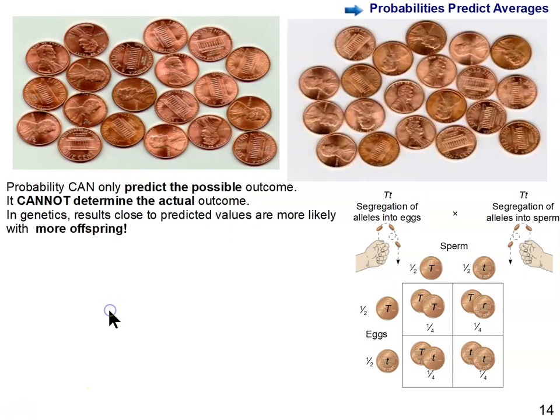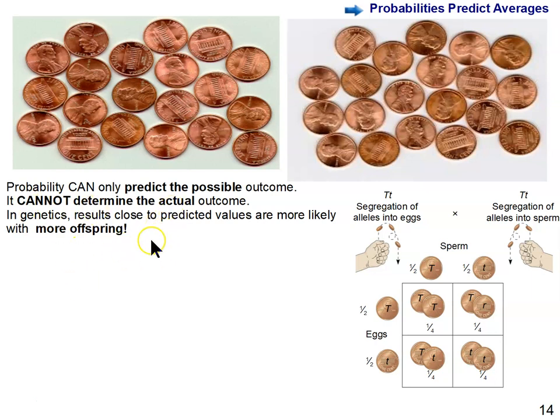And in genetics, results close to the predicted values are more likely with more offspring. That's why Mendel crossed hundreds and thousands of plants: he wanted enough offspring to be able to average the results and hopefully get something close to the truth. That's the way I refer to it anyway, close to the truth.